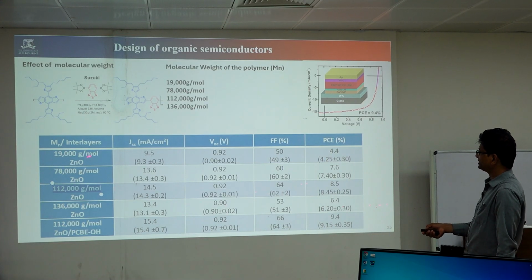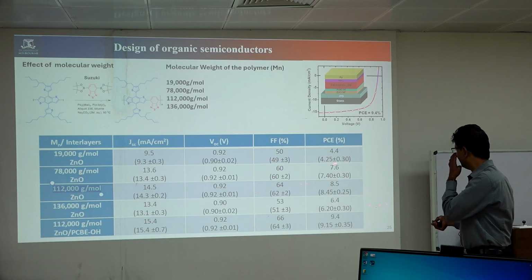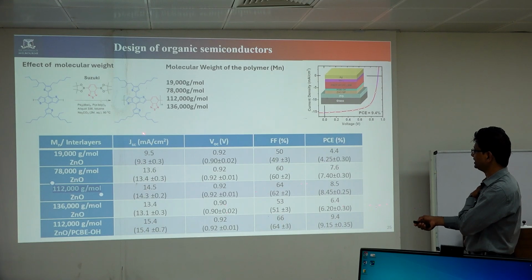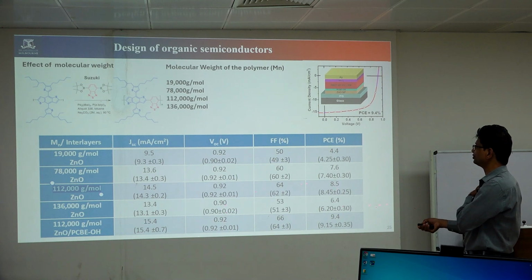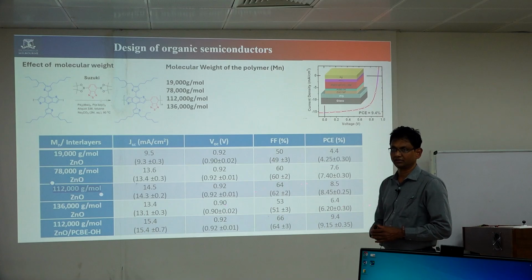Different molecular weights give different device performance. When you have only 19,000, we got only 4.4% efficiency. Everything else is the same. Only the current is different. When you have a higher molecular weight, the efficiency goes up. And at around 112,000 grams per mole, we have the best efficiency of 8.5%.